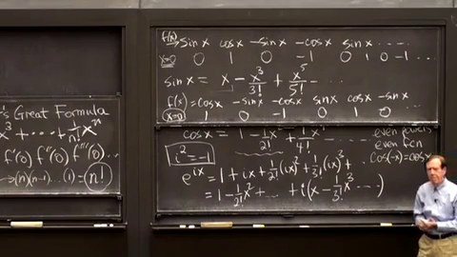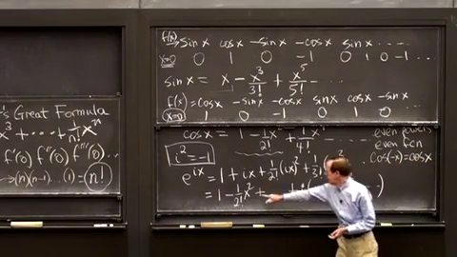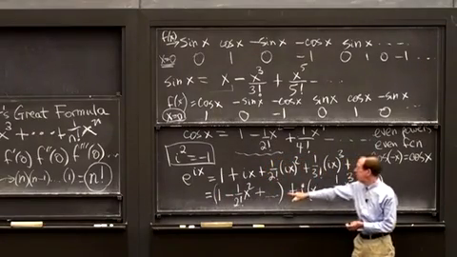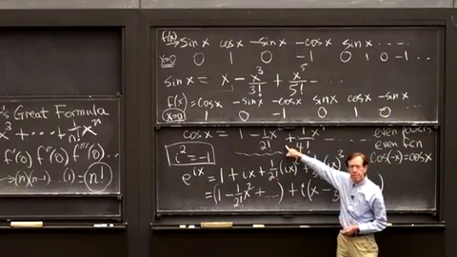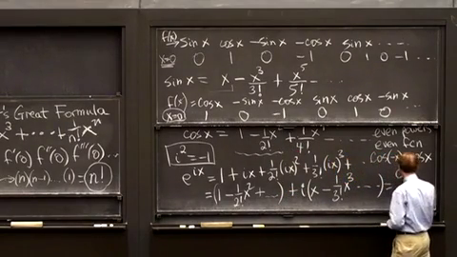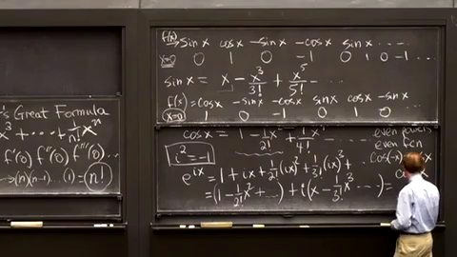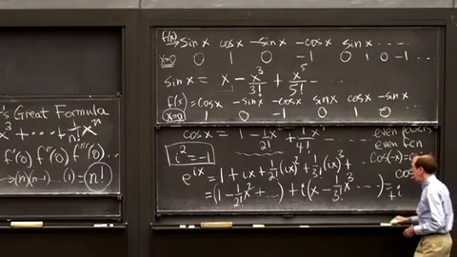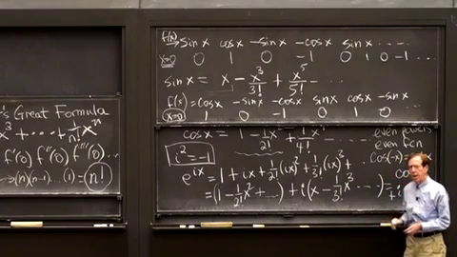Do you see what we have? Do you see what this real part of e to the ix is? It's the cosine. Right there, same thing. So I'm getting cosine x for the real part, and then i times this series.